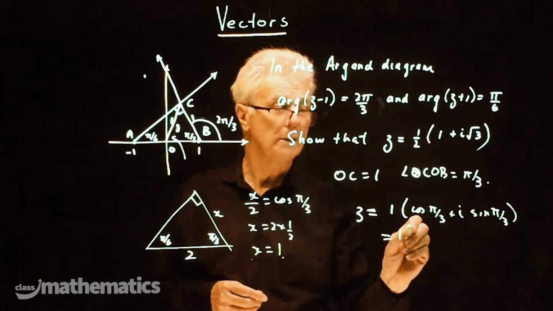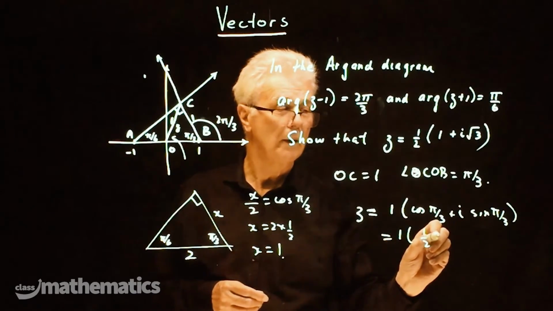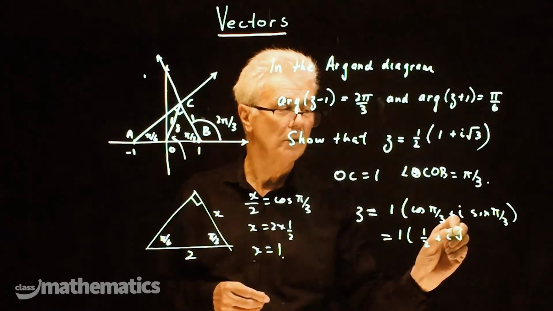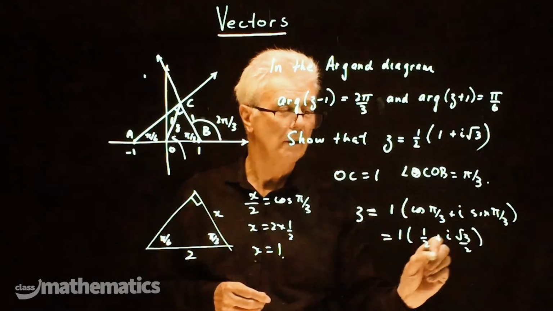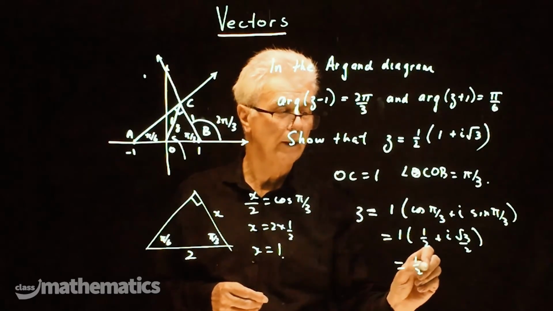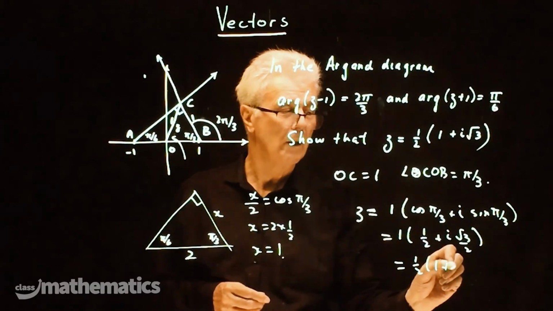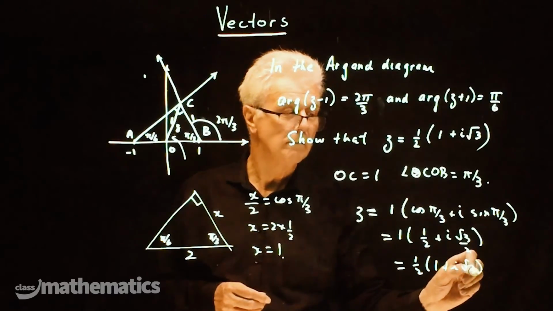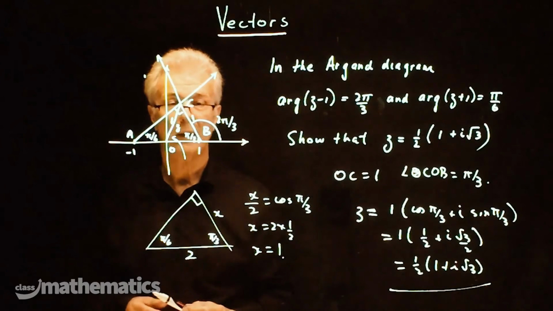That gives me 1 outside of 1/2 plus i times root 3 over 2. So that gives me 1/2 outside of (1 + i root 3). Done.